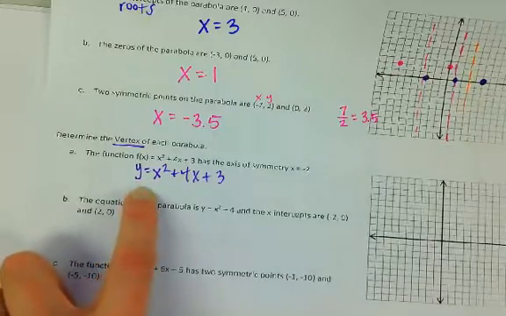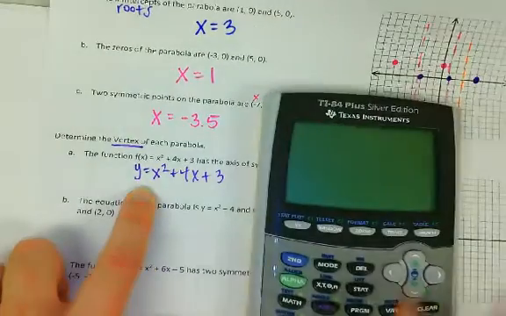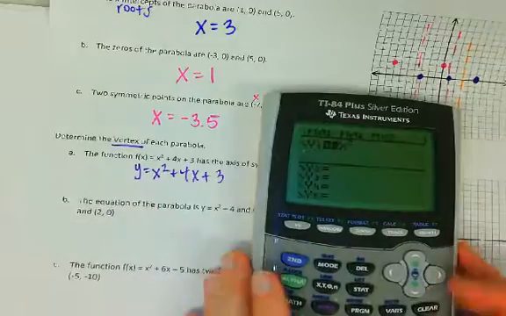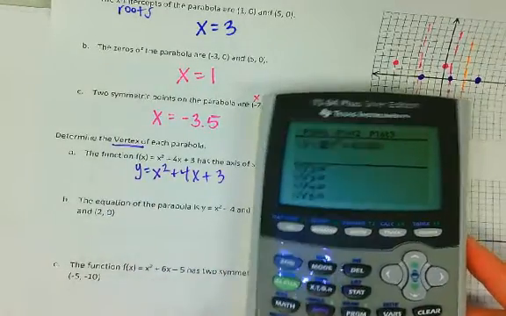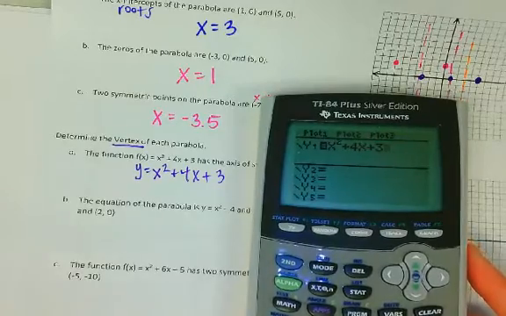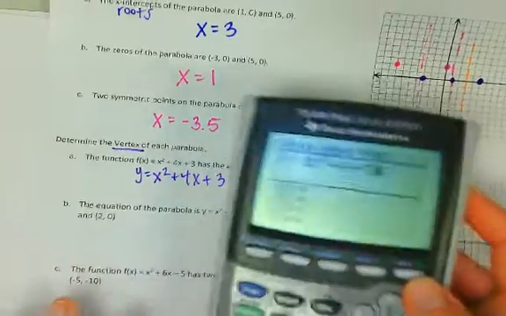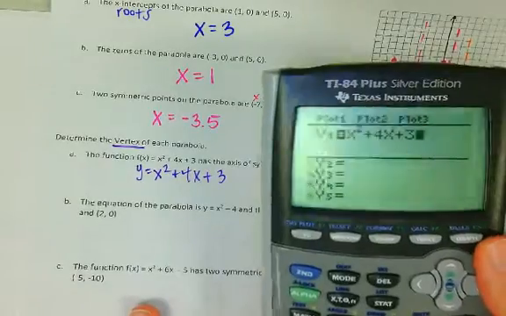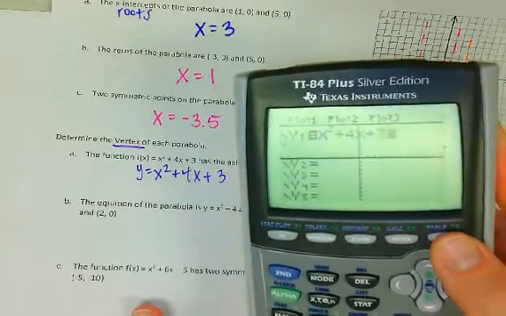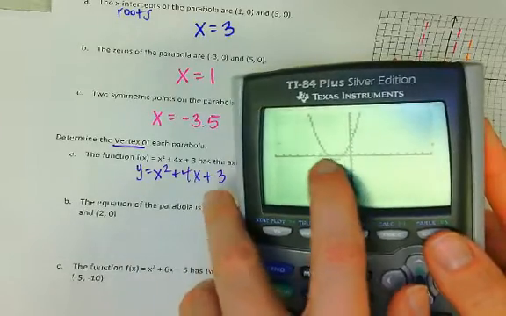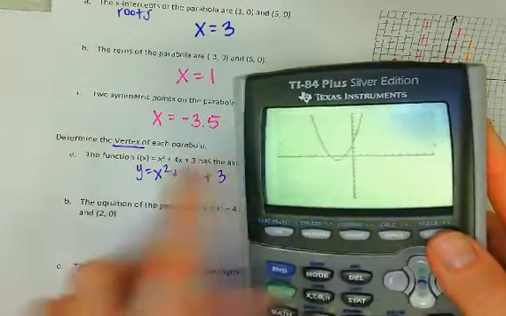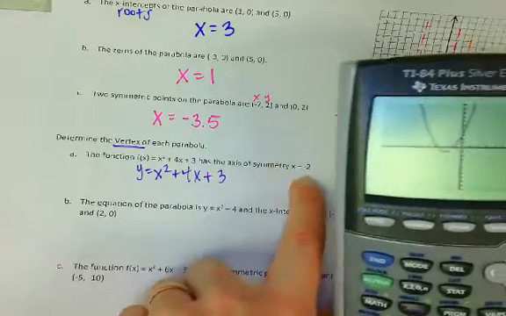I just changed the f of x to y equals x squared plus 4x plus 3. There we go. I have it typed. If I go look at the graph, it looks like the middle is at negative 2, just like the problem told me.